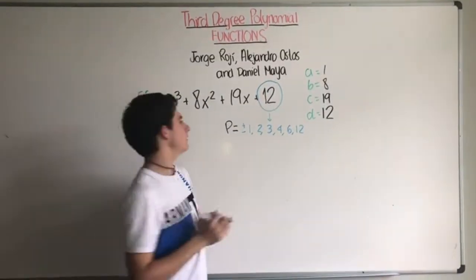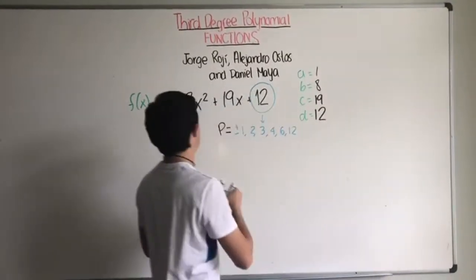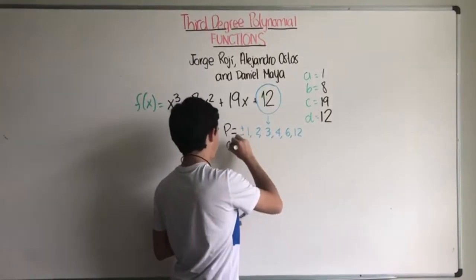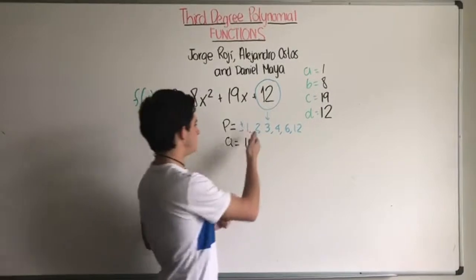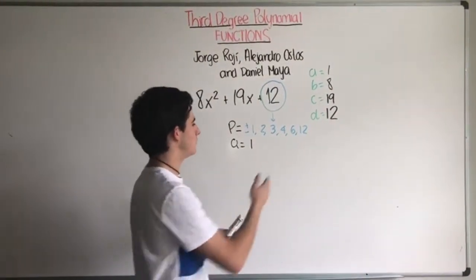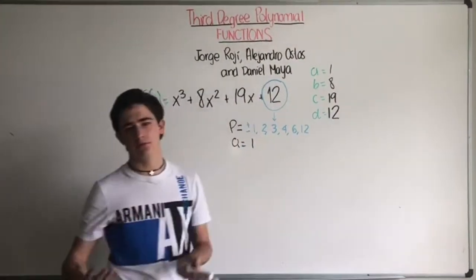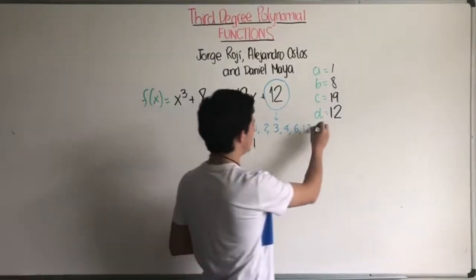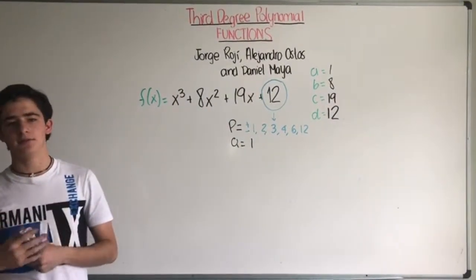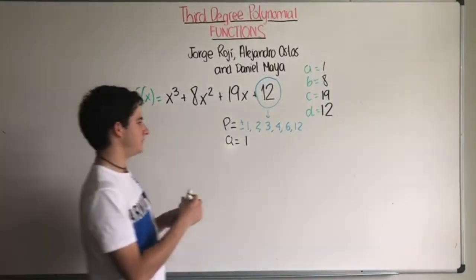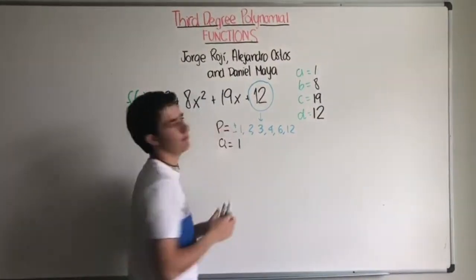Q will be a in this equation, so q will be just 1. When q equals 1, you don't need to change the p values and you can use them to try and get a solution. So with these values, we're going to plug them into a synthetic division so we can solve this equation. Let's try it with -1 first.